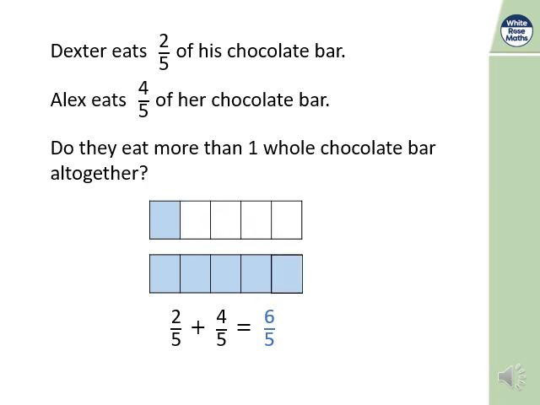And we can see if we move one of those sections, fifths, over to the 4/5, we've now got 5/5. One whole has been covered. So the answer is 6/5, which is the same as 1 whole and 1/5. Then we go back to the question, do they eat more than one whole chocolate bar altogether? And the answer is yes.